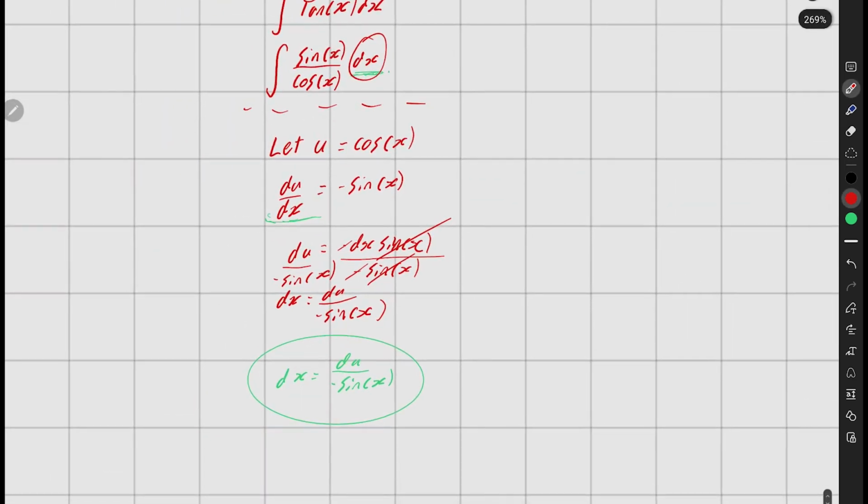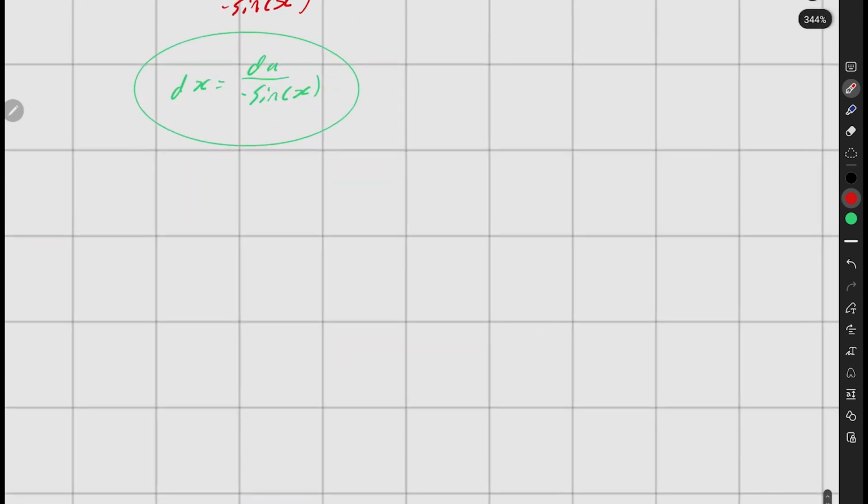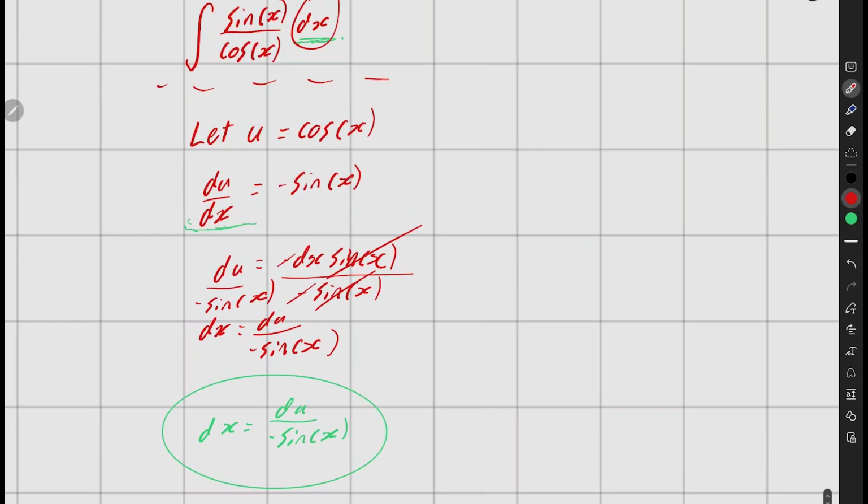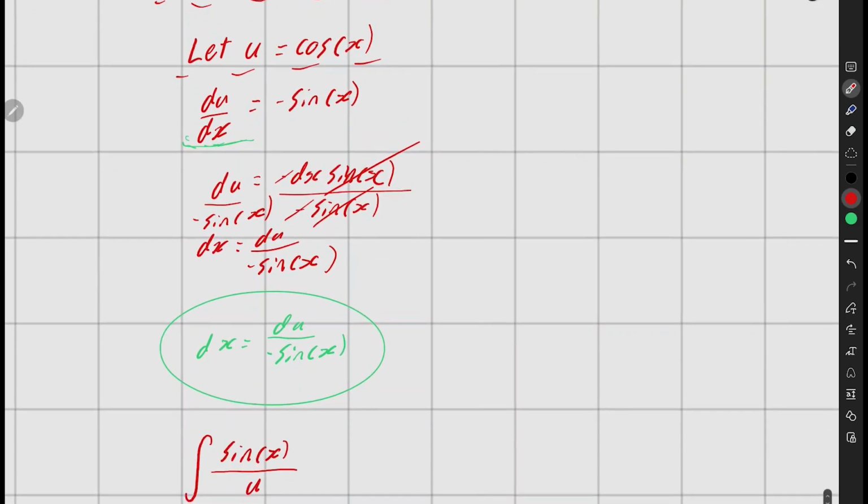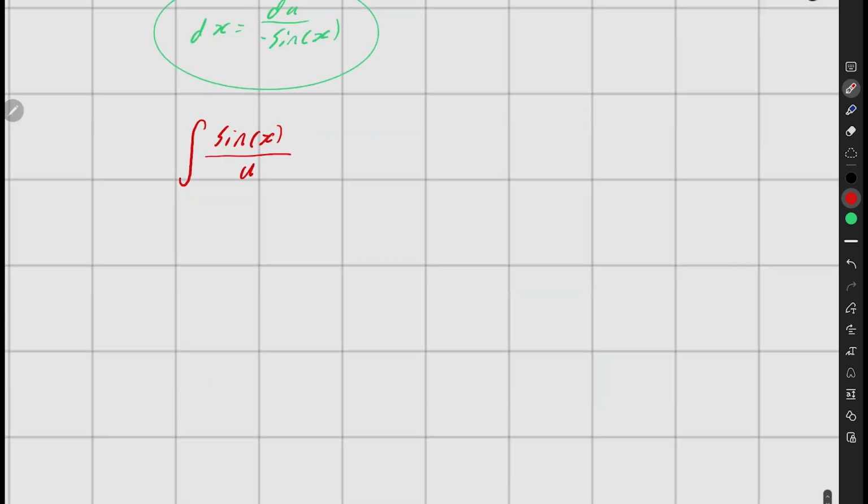What we need to do next is substitute our dx value back into the original equation. Our original equation said that we were finding the integral of sine of x divided by, and remember that we set cos of x equal to u. So we're going to write u down there where the cos of x was, because that's what we've defined the variable u as.